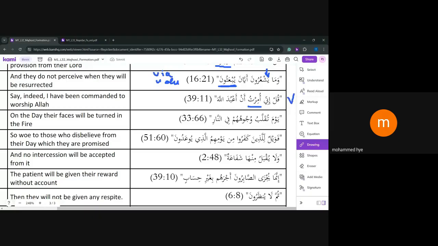Umirtu. Indeed. Umirtu. Is it Madi, Mudari? Is it Amr? Is it Nahi? What is it? It is Madi. It is a U pattern. So is it Majhul or Maruf?